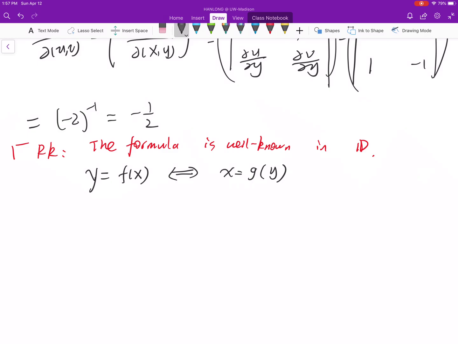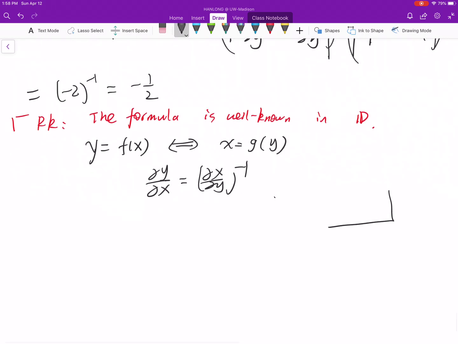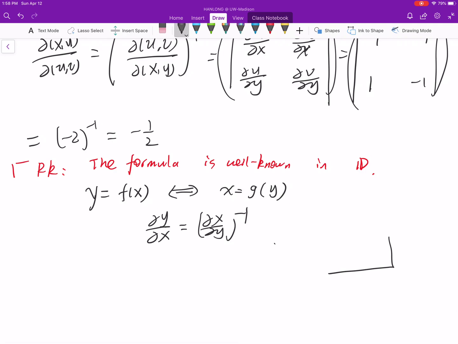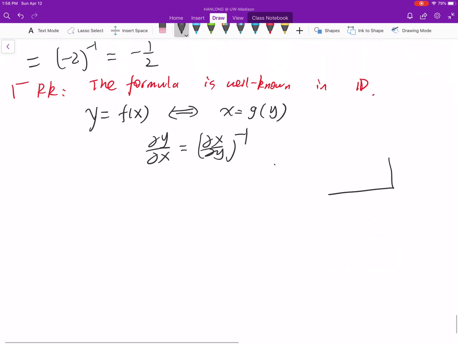So partial y over partial x is the inverse of partial x over partial y. The notation is not that good, but I think you understand the idea. This can be generalized to higher dimensions, and even the Jacobian satisfies the chain rule. We will discuss this further if we have problems later.